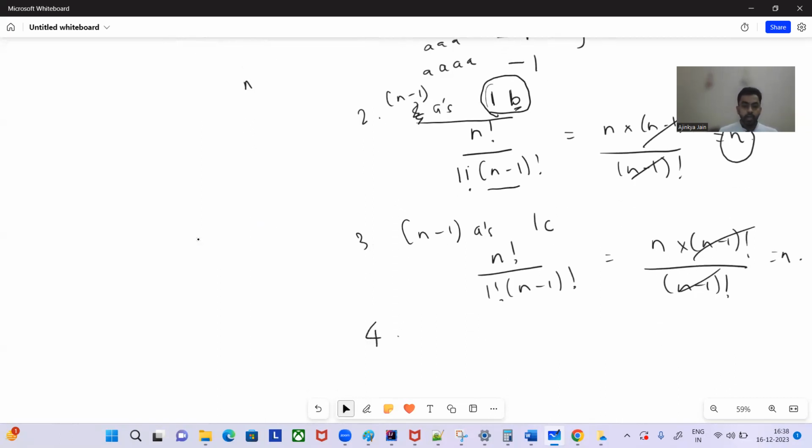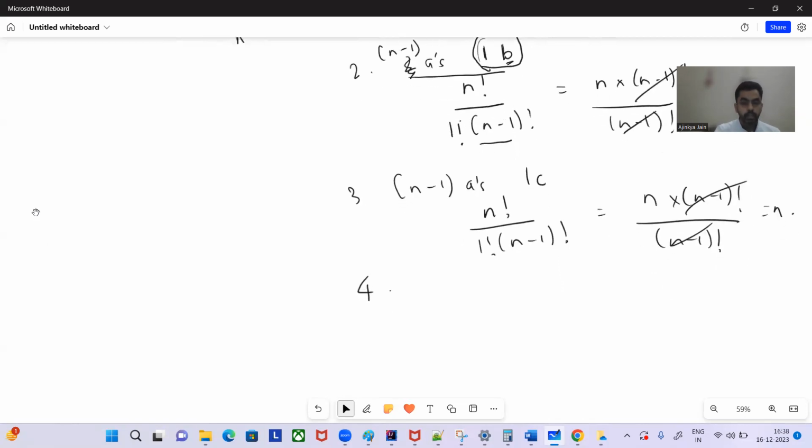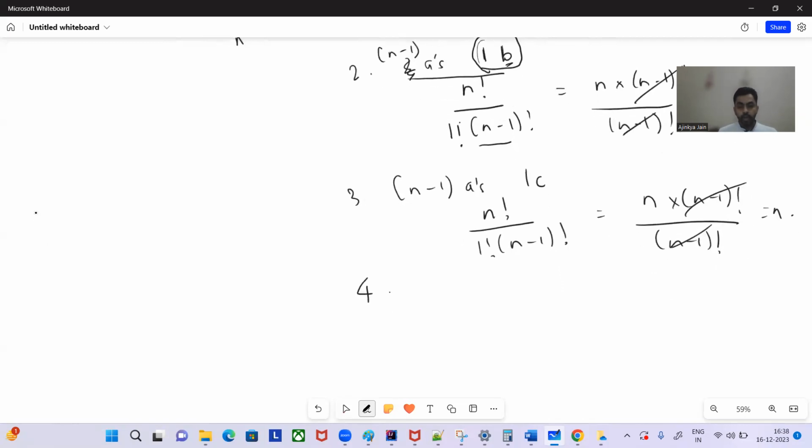Then we have the fourth one, which will be in two parts. One will be n minus 2 A's, 1 B and 1 C, at most 1 B and 1 C combination.